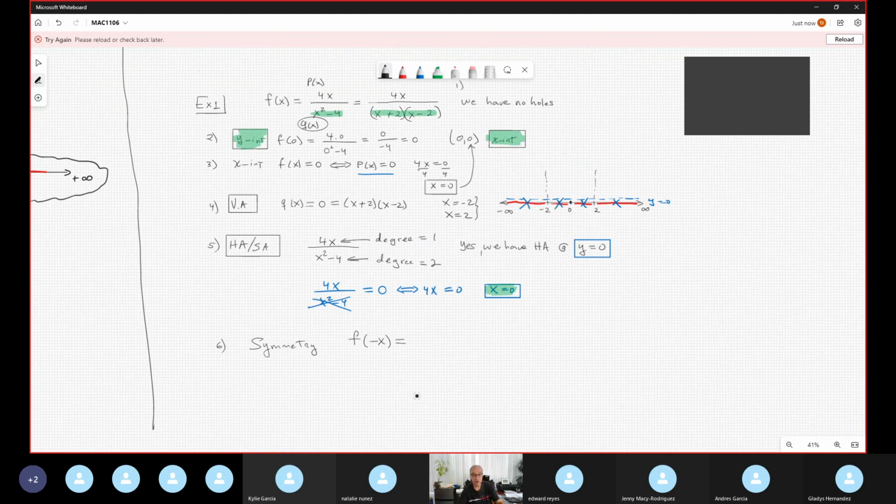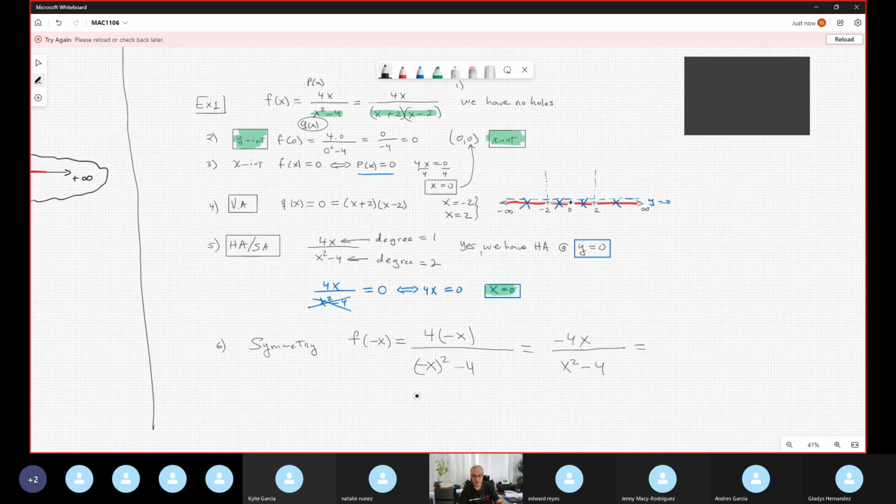So you take the original and replace x with negative x. This action is reflection. Negative x squared minus 4, sorry. Then 4 times minus x is obviously minus 4x, and minus x squared is positive.